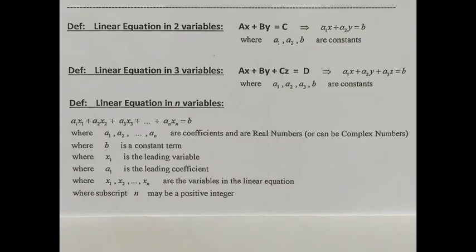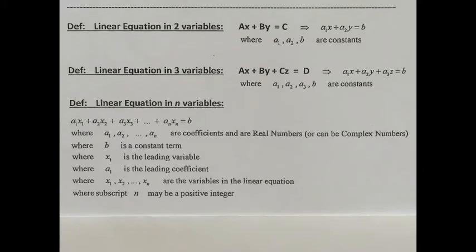Can you have more than three variables? Yes, you can have more than three variables in a linear equation. So what we have is a linear equation in n variables: a sub 1 x sub 1 + a sub 2 x sub 2 + a sub 3 x sub 3 + ... + a sub n x sub n = b. Here a1 through an are the coefficients, and they belong to the set of real numbers.